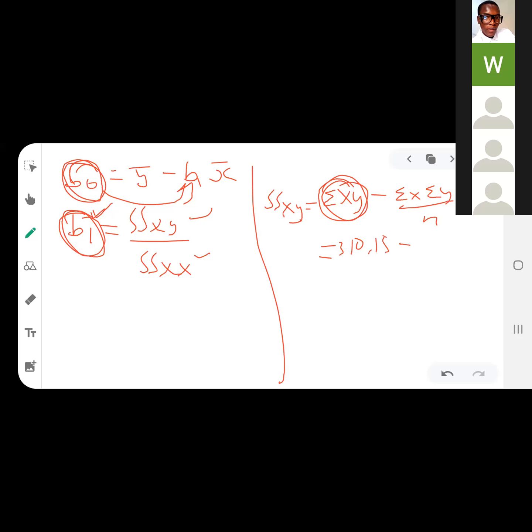Thank you. Minus. Now we need the sum of x. You press shift, 1, you go to sum again, which is option 3, and then the sum of x is option number 2. What is the answer?